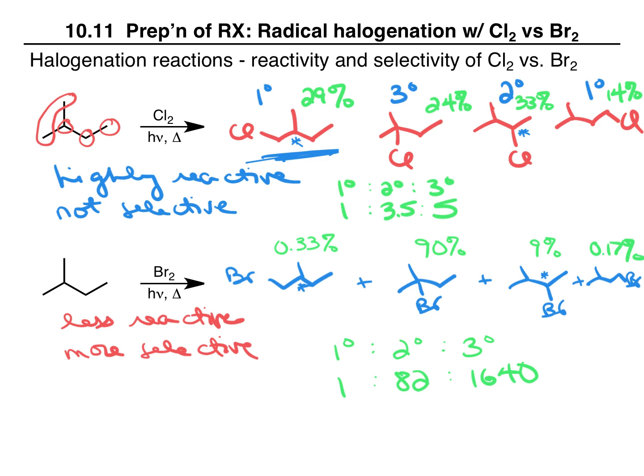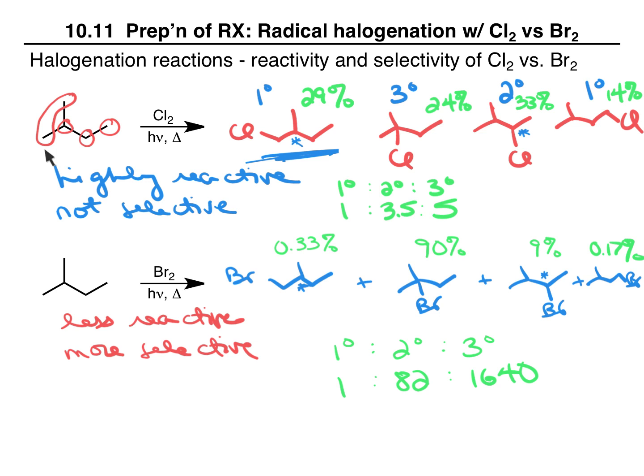So when it comes to predicting the products of a radical reaction with chlorine, I want you to recognize that all of these products are going to form. I'm not going to ask you to calculate the percentage, but I want you to know that you are going to get a significant amount of all of the possible products. When it comes to reaction with bromine, because bromine is so selective for reaction at the tertiary position, which occurs through a tertiary radical, we get the product from the tertiary radical as by far the major product.